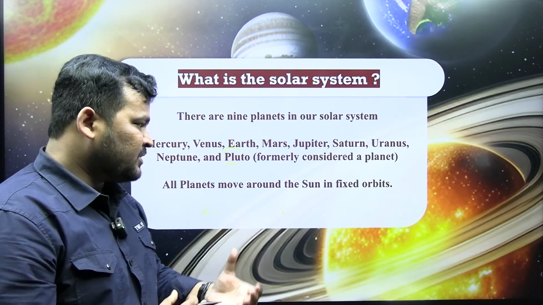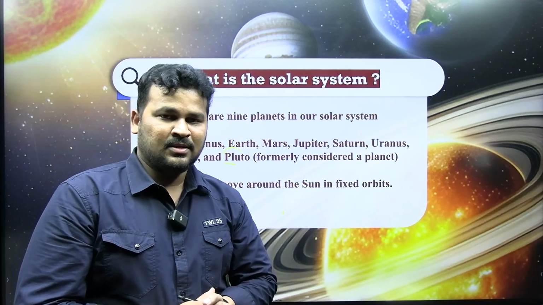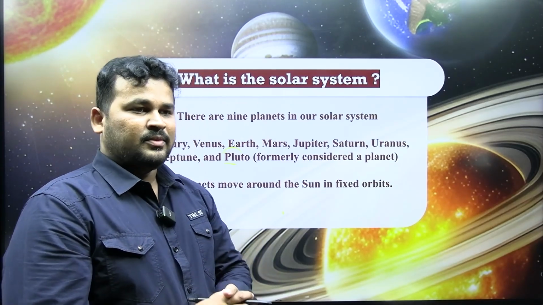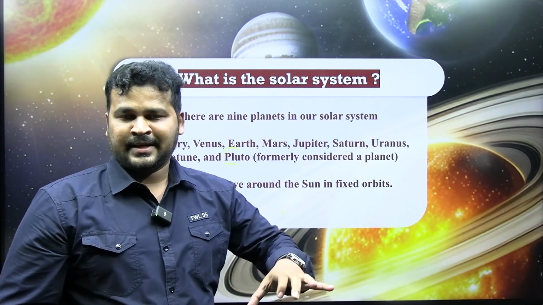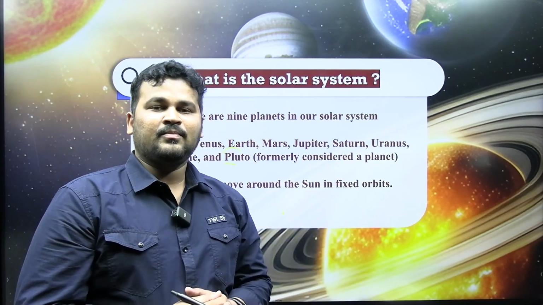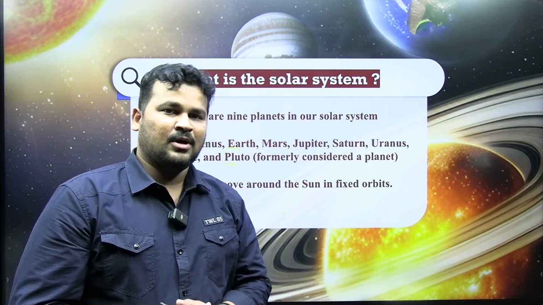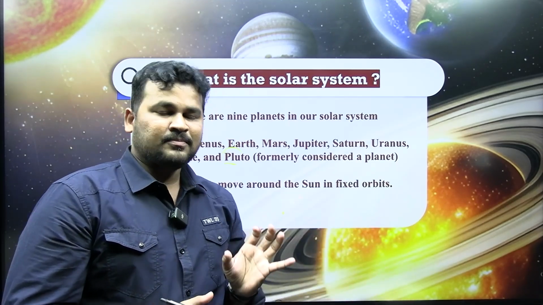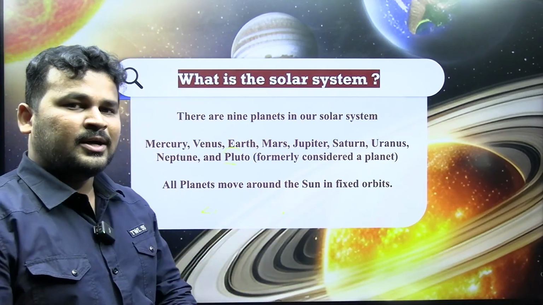Due to the gravitational force created by the sun on other celestial bodies, there is the action of centripetal and centrifugal force. Centripetal and centrifugal forces were created on the bodies.